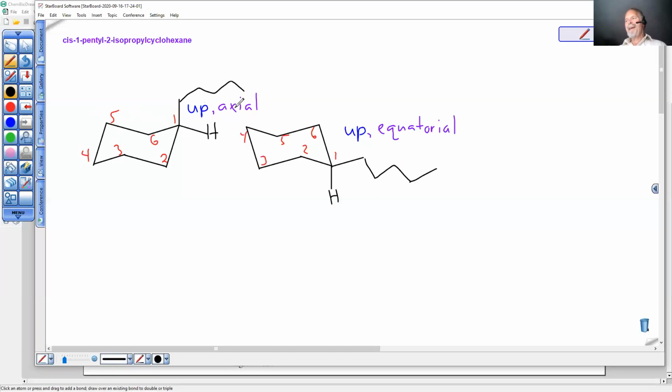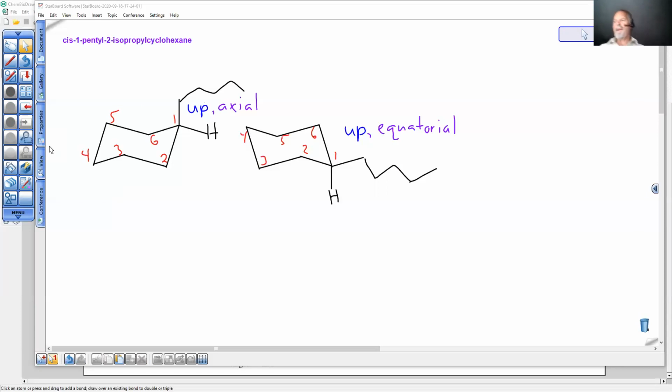Same side of the ring means if one of the groups is up, then the other group is also up. So you go to carbon 2 because the name says you have to go to carbon 2. You're going to put an isopropyl. But remember the way we drew the chair, all the steps in order. What bond did you put on first, the axial or equatorial?